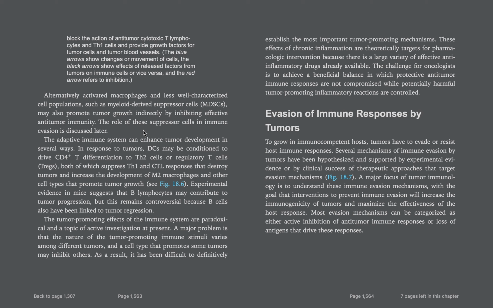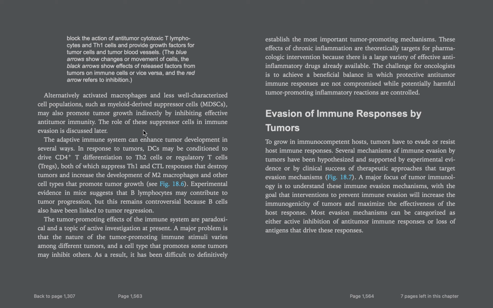In response to tumor, dendritic cells may be conditioned to drive CD4 T cell differentiation to T helper 2 cells or regulatory T cells, Tregs, both of which suppress T helper 1 and cytotoxic lymphocytes that destroy tumor, and increase the development of M2 macrophages and other cells that promote tumor growth.